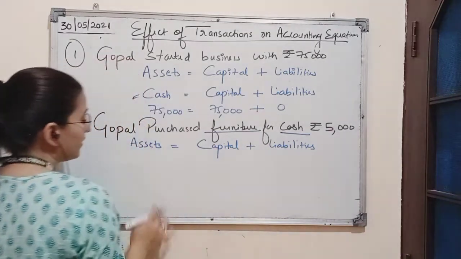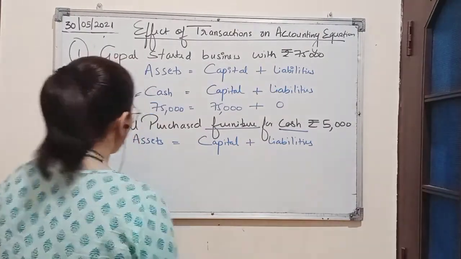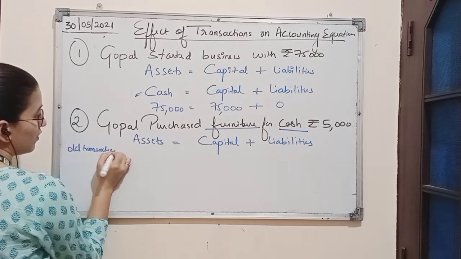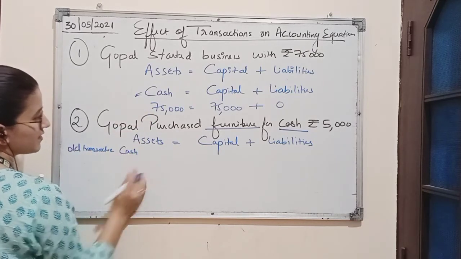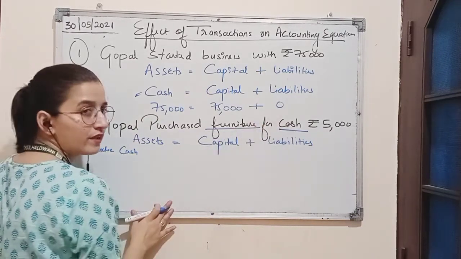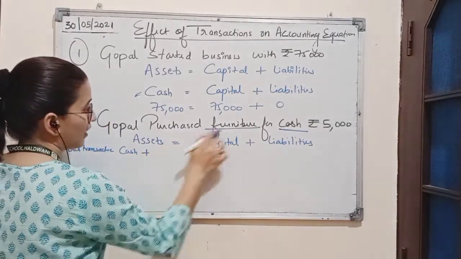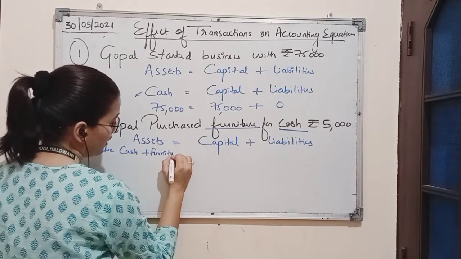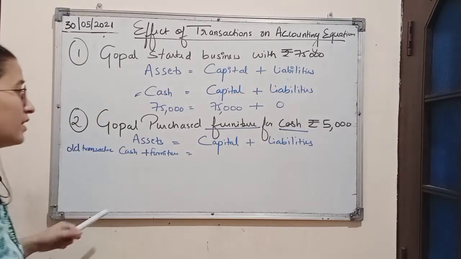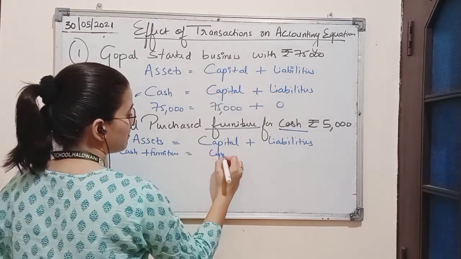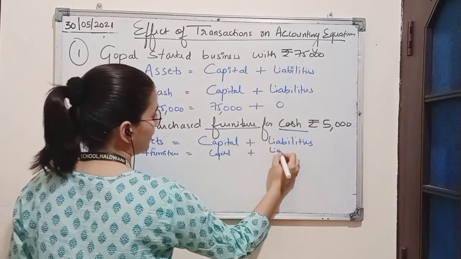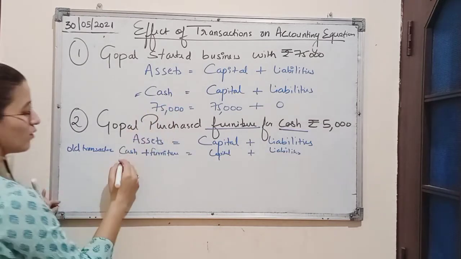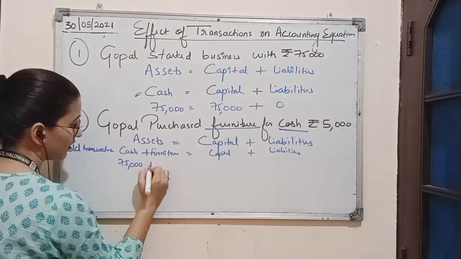So we can write here in the asset column, as we know from our old transaction where there was a cash column in assets, cash which is also included in the second transaction, and another asset is furniture. So furniture will also be included in the assets column. Capital will remain the same, capital and liabilities. So here we know the cash balance was 75,000 in the old equation.